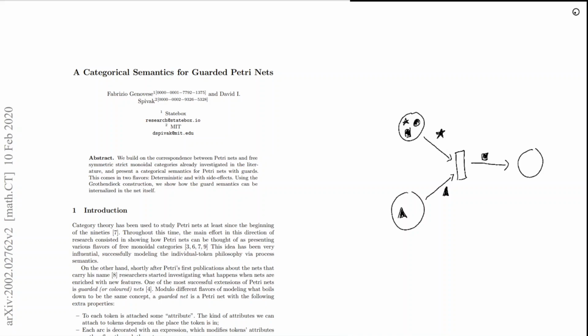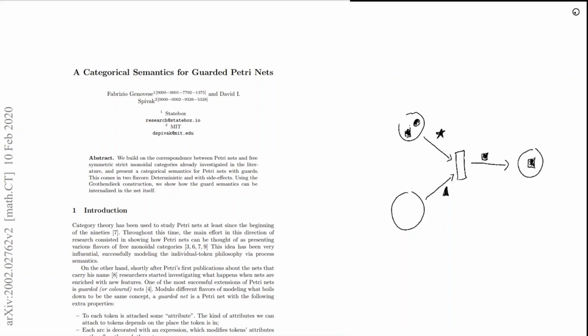So if I erase the star token, now this transition is not enabled because there is no token with the property star, and square and circle do not work. If I put a star here, then the transition can fire, and when the transition fires, it consumes star, triangle, and spits out, for instance, square here. Okay.